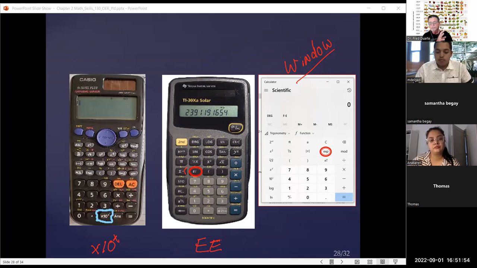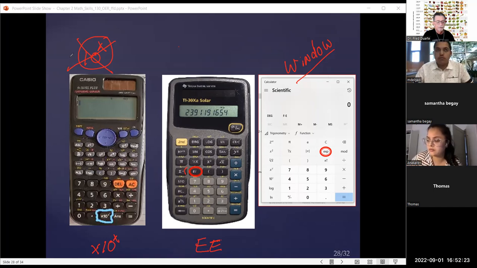Not to be confused with the button that's labeled 10 to the x. That is not the scientific notation button. Okay. Totally different function there. So if you're not 100% sure, shoot me an image of your calculator or look at your manual. Okay, and determine where the function for that is.